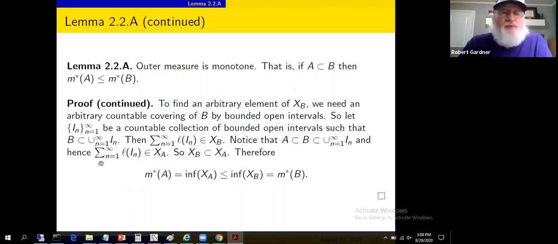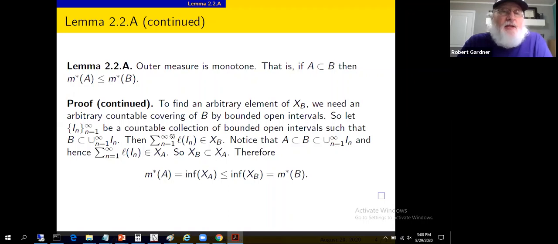Well, if it's a covering of set A, then the sum of the lengths is an element of X sub A, because X sub A was the sums of the lengths of bounded open intervals such that the union of those intervals covers set A. And this one does.